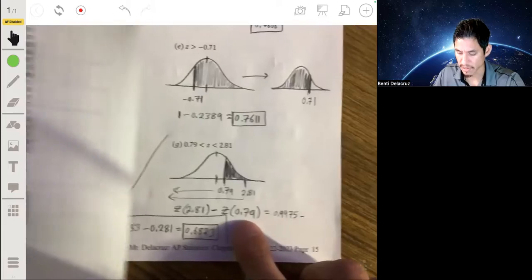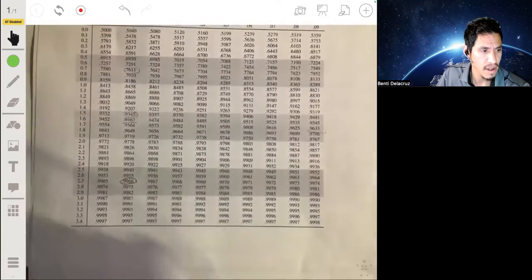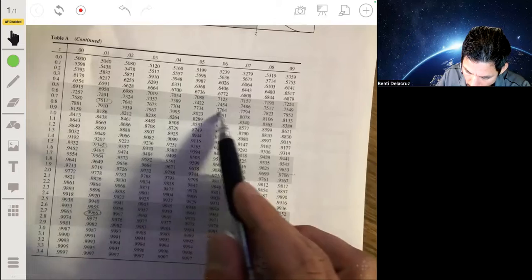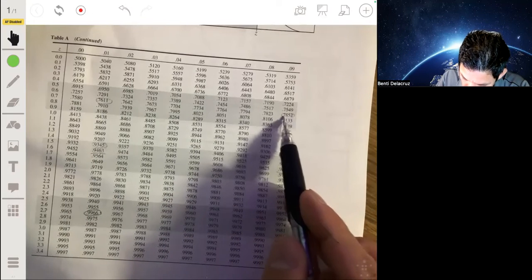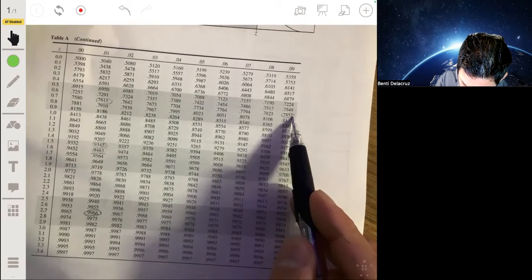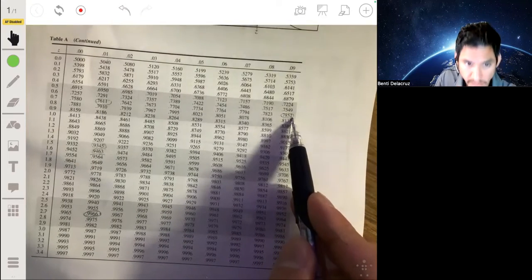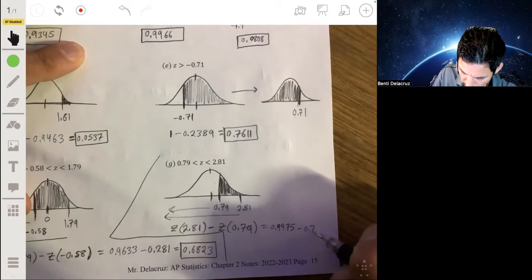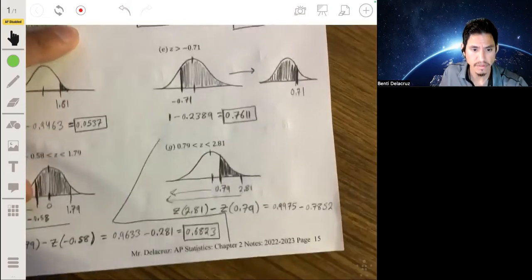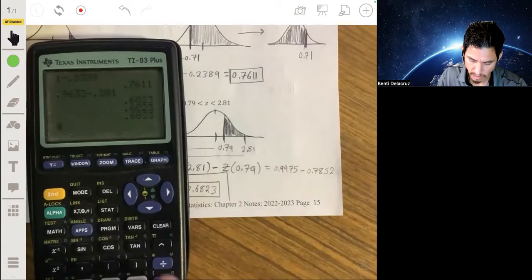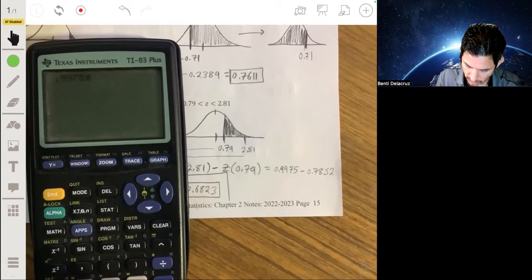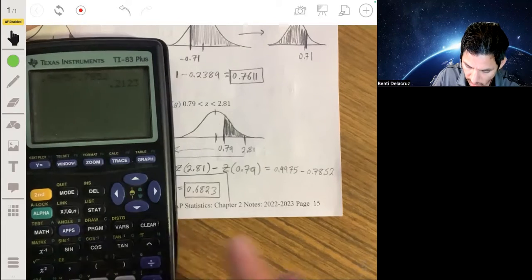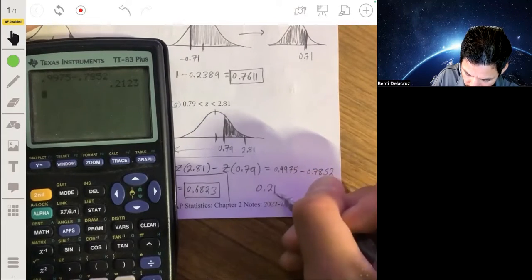And then the area to the left of 0.79 is 0.7852. Let's see what we get. 0.9975 minus 0.7852 is 0.2123.